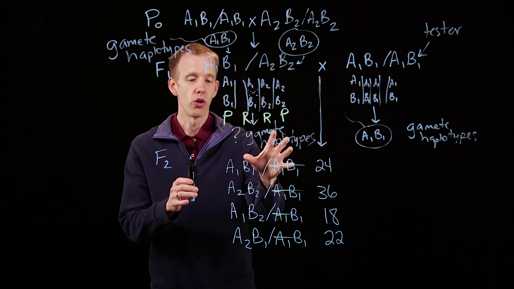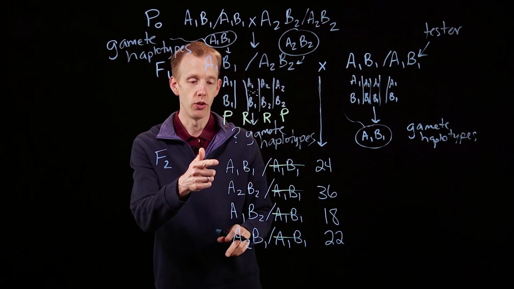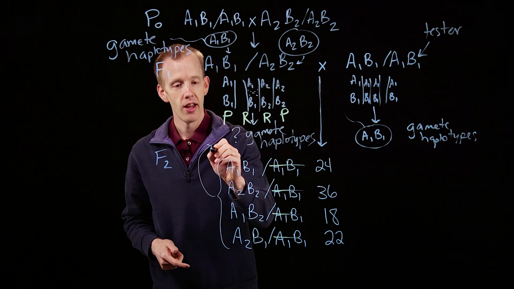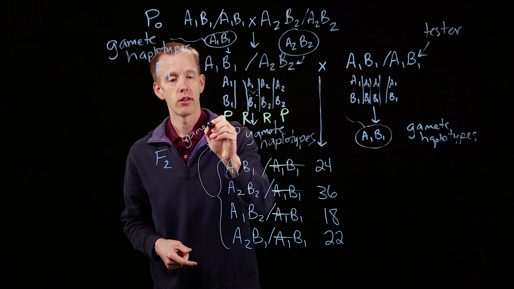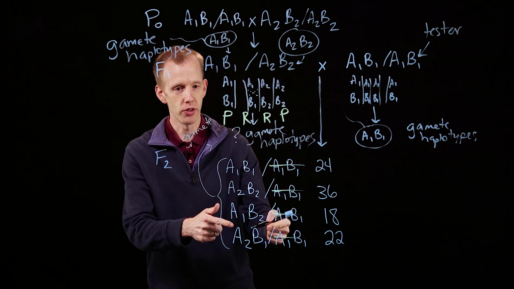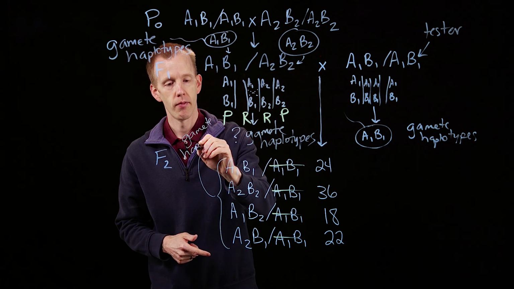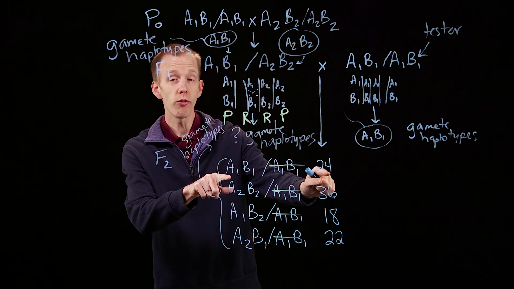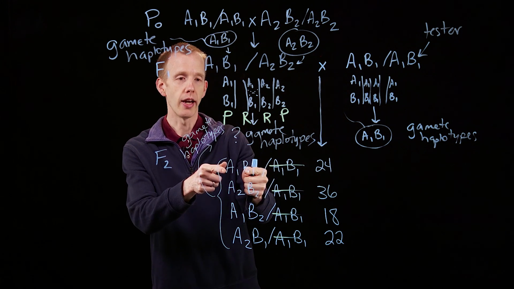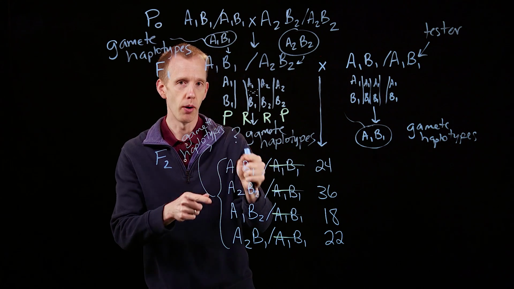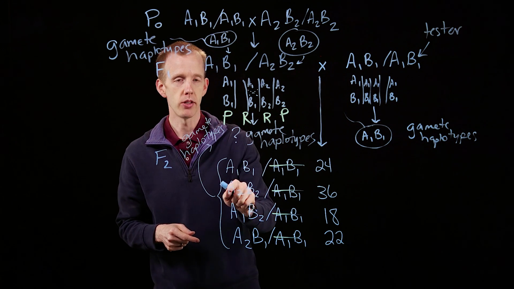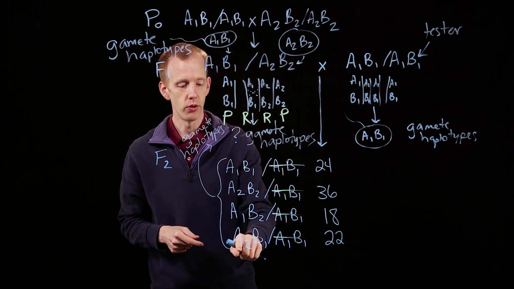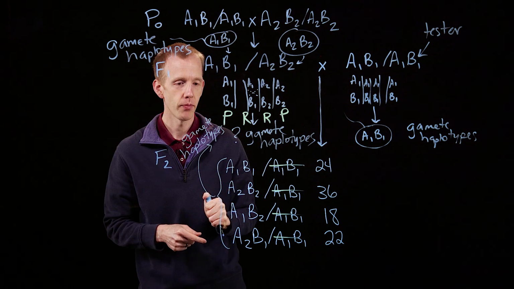The haplotypes that are left in the genotypes of the F2s then are guaranteed the gamete haplotypes that produced these individuals in the F2 generation. So we know that we had 24 fertilizations happen with a gamete from this F1 dihybrid that was A1B1, and we had 36 gametes that were A2B2, 18 that were A1B2, and 22 that were A2B1.